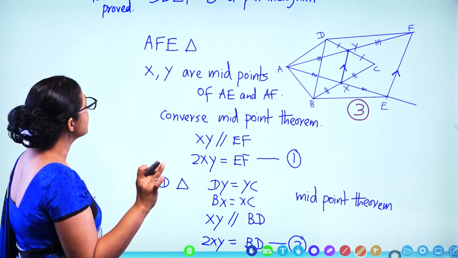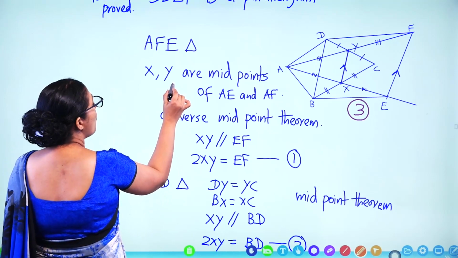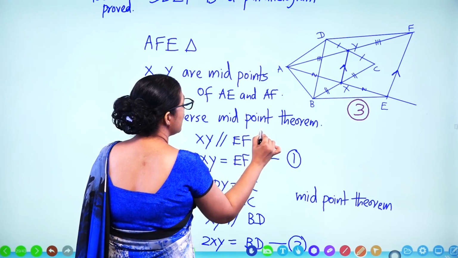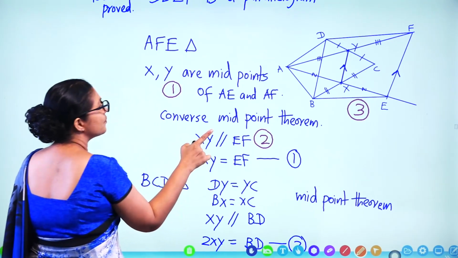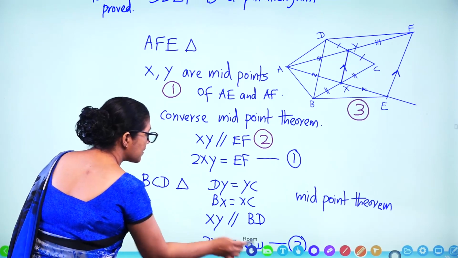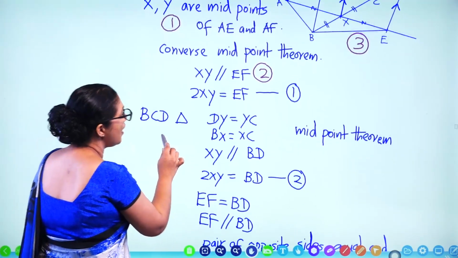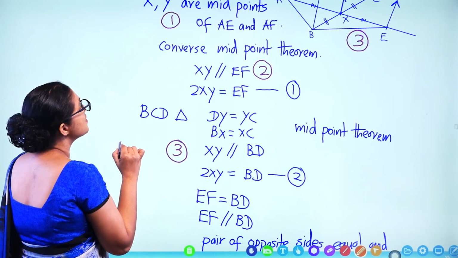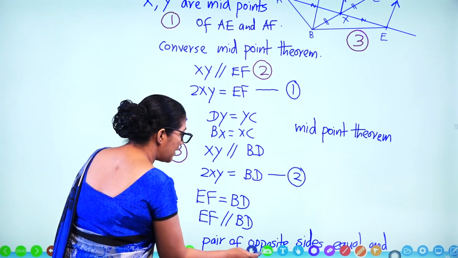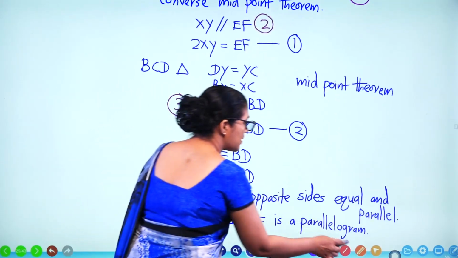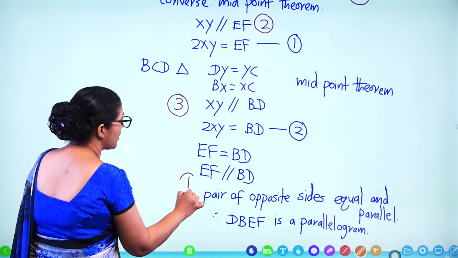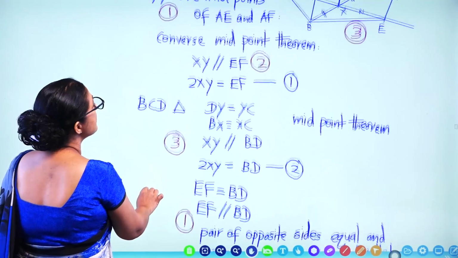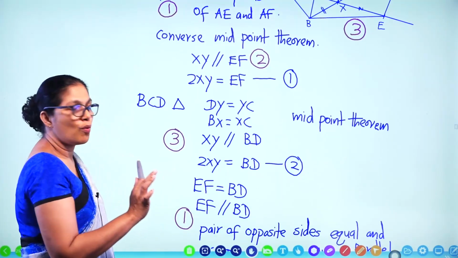Then 1 mark here, 1 mark, we'll give 2 marks here. 3, 4, 5, 6. And here this one, another 3 marks. 6 plus 3, 9. And finally, this one, that's 1 mark. 10 marks for the whole proof.